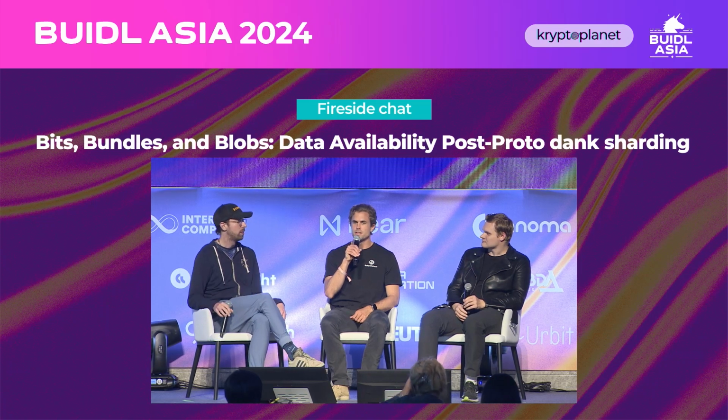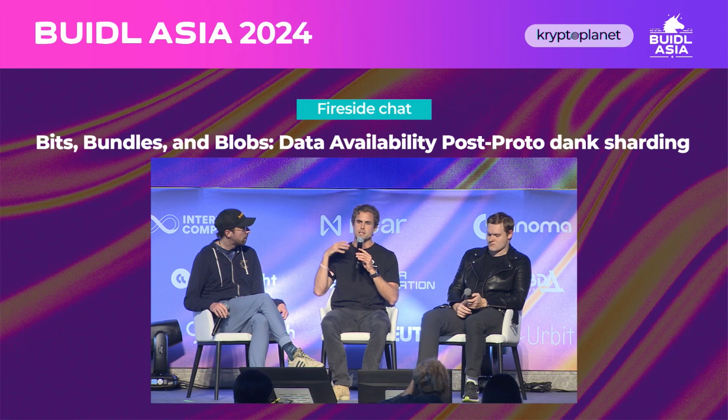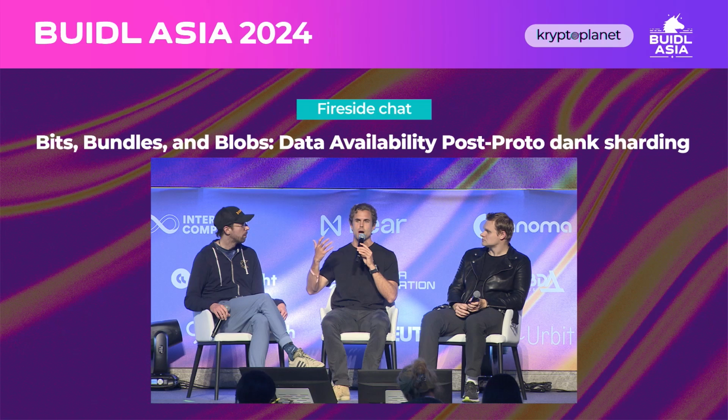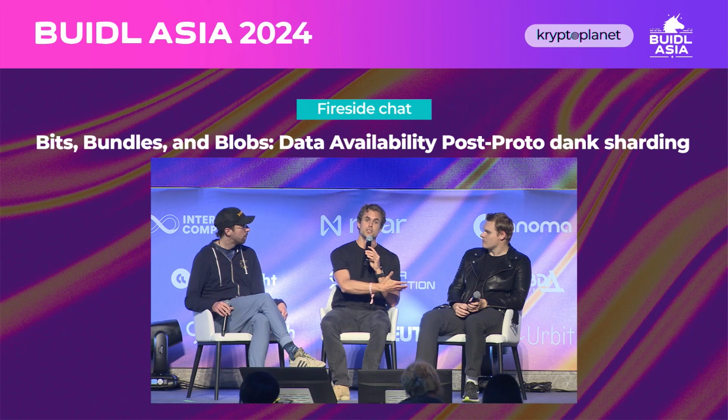Yeah, so the hard part about data availability, which I talked about in my talk just before this, is that if you want to scale blockchain systems but you want them to remain verifiable, you need a way to verify that the data was published without having to download all of it. Because the default way that every blockchain solves data availability is that every node has to download all the data.